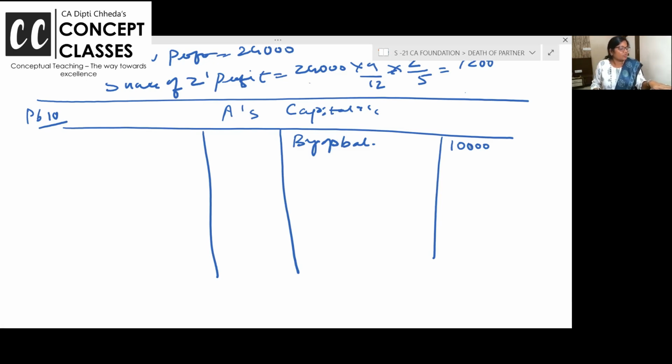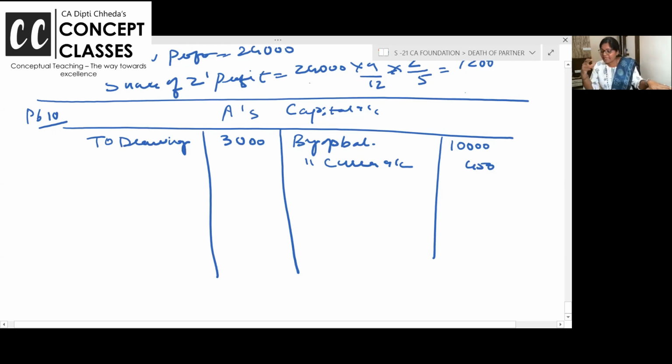His current account showed 450 credit balance, and against that his drawings are there. Drawings are a part of the current account, 3,000. I am reading F bit ke baad, last para.